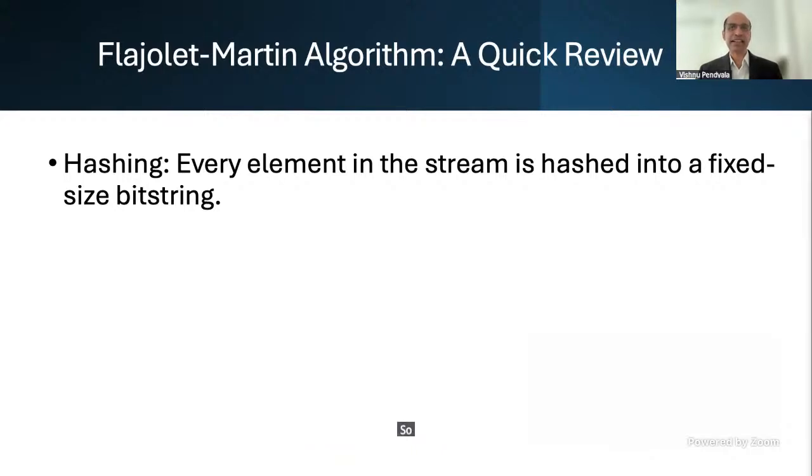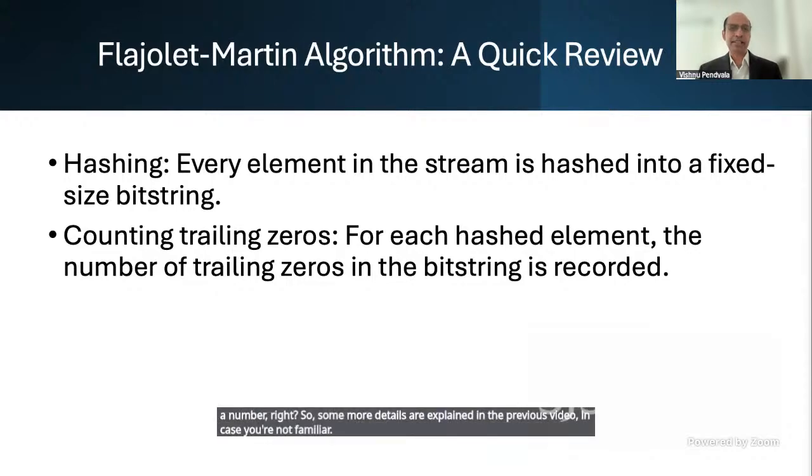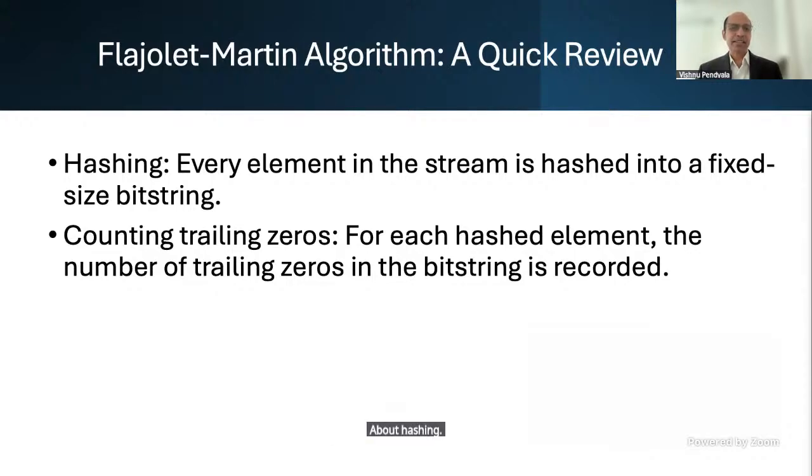So this is straightforward, right? We use a hash function, we convert the tuple into a number, right? Some more details I explained in the previous video, in case you are not familiar with hashing. And so once we convert the event into a bit string, we count the trailing zeros from the ending.